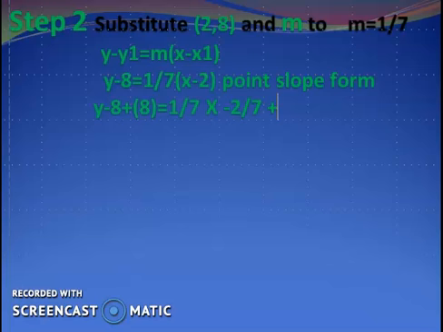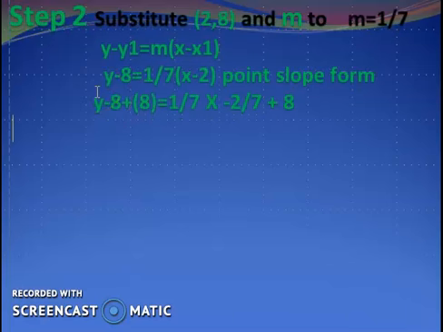Because we added positive 8 to one side of the equation, we need to add 8 to the right side as well. So now, on the left side, negative 8 plus 8 is 0, which leaves us with only y.